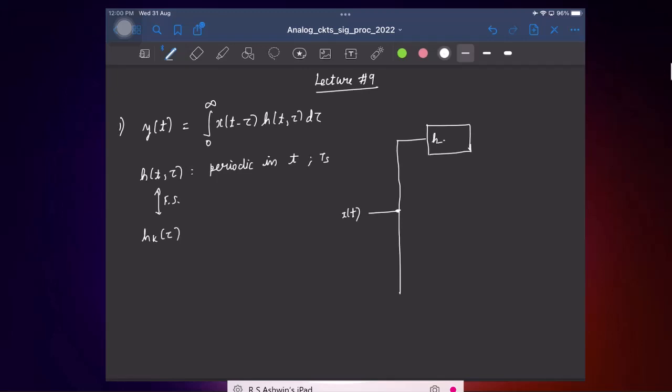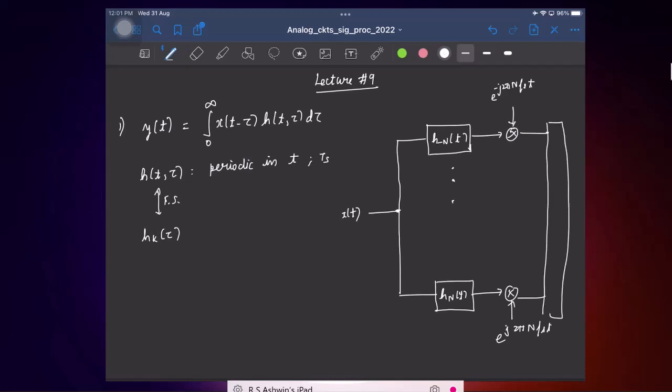The outputs of these LTI filters are multiplied by complex exponentials. At the other end we have the same, and then we sum everything. This was first introduced by Zadeh, and so we call this the Zadeh expansion.